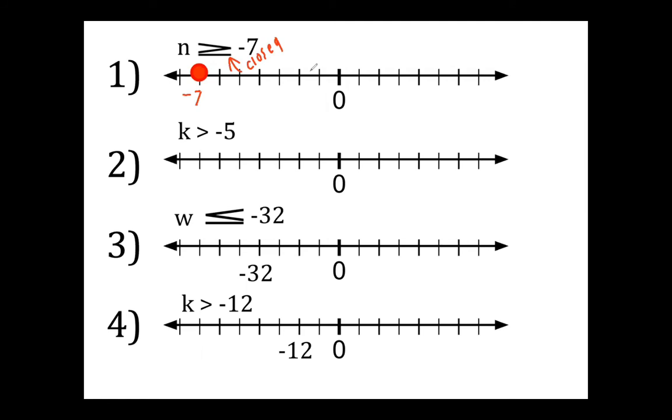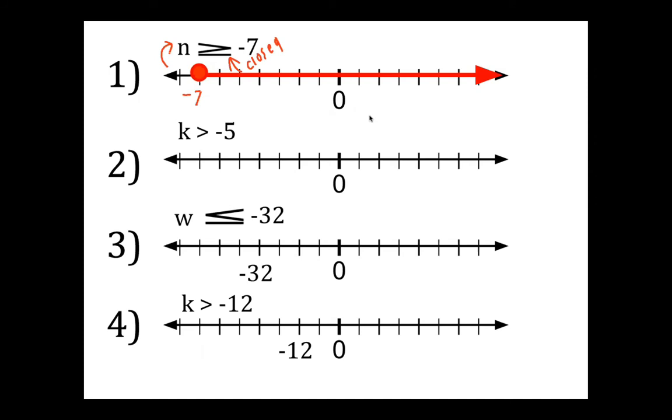I went by units of 1 in this case. And now that you've plotted your open or closed point, go ahead and draw your arrow and make sure that your variable is on the left of the inequality. We made sure on the previous slide to set them all up like so. So now you can draw your arrow in the same direction as your inequality symbol, which is to the right.